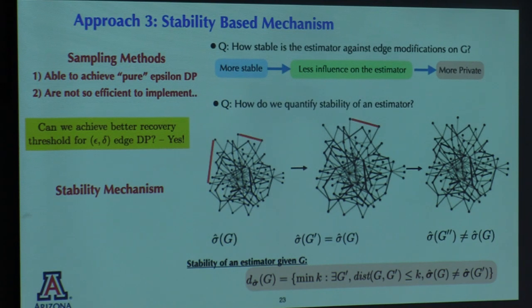If d is small, then it's less stable. Does that make sense? This really applies to deterministic algorithms. This definition itself is for a deterministic sigma. But when we analyze it, we analyze it for algorithms with possible noise.